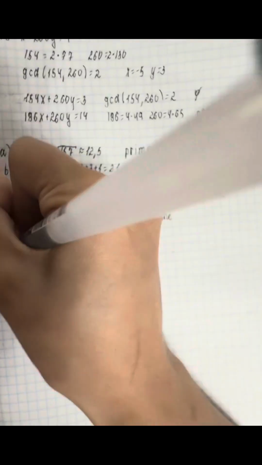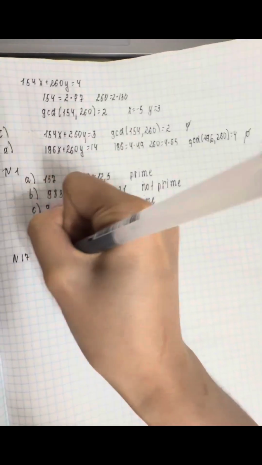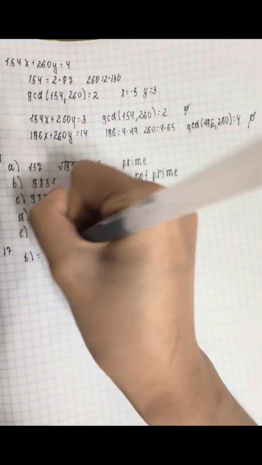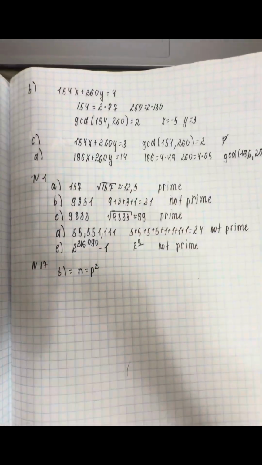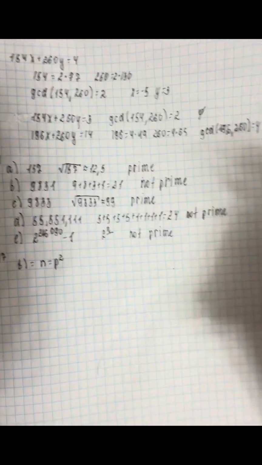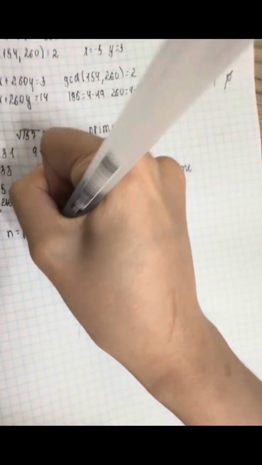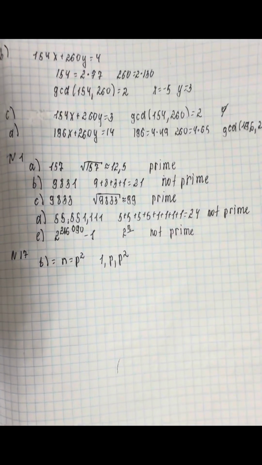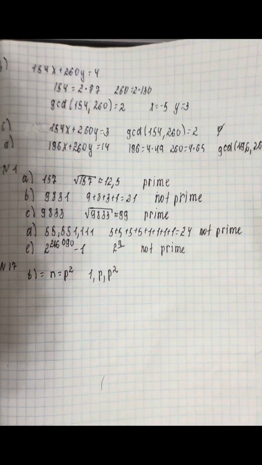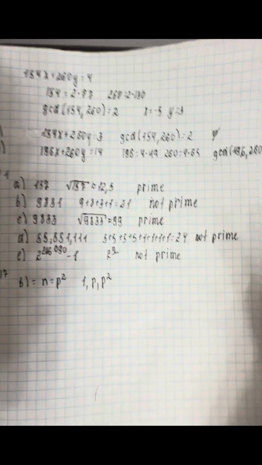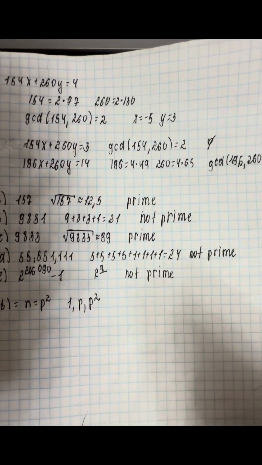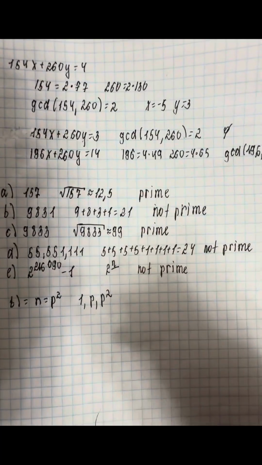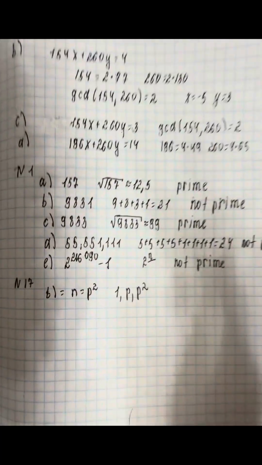If, for example, n equals p squared, where p is prime, then the divisors are 1, p and p squared, and that gives exactly 3 divisors. And in conclusion, all natural numbers n with t(n) equal to 3 are of the form n equals p squared, where p is a prime.